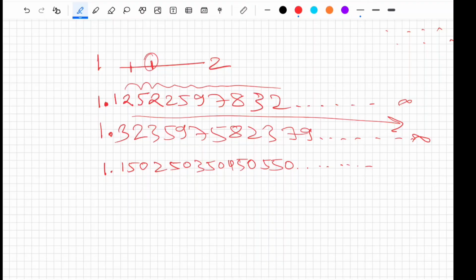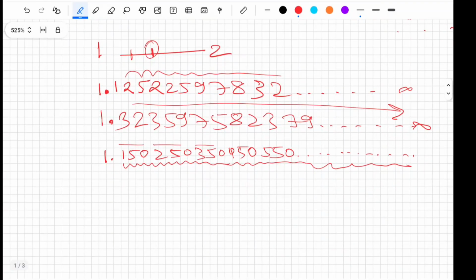It will be for your convenience, so that you avoid any repetition of number. No number is getting repeated and it won't terminate, so it's an irrational number, and it will look nice also.